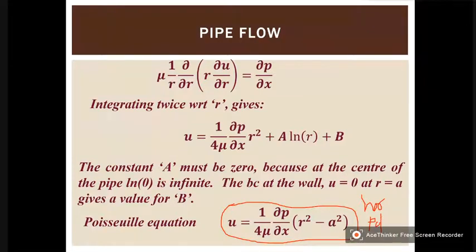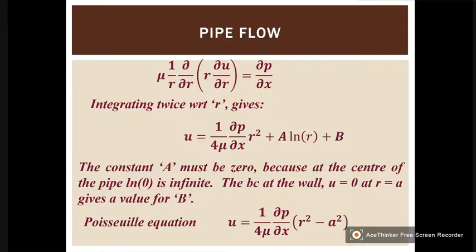Are you there? Yes, sir. This is valid for a horizontal pipe. Why? Because the gamma H term is not there. If you add gamma H, it will be for an inclined pipe. Right? This is the only difference.